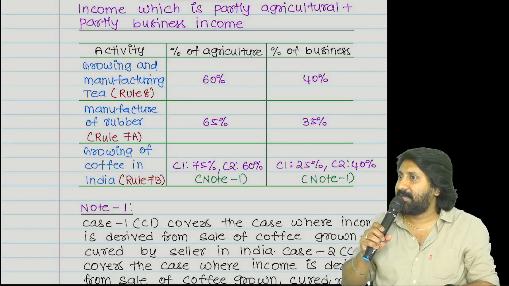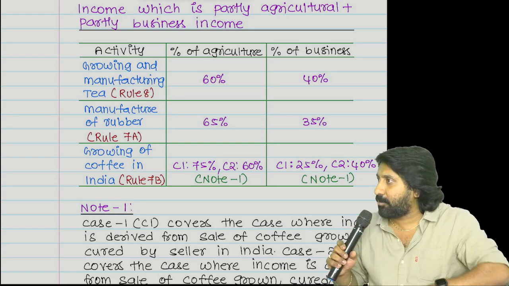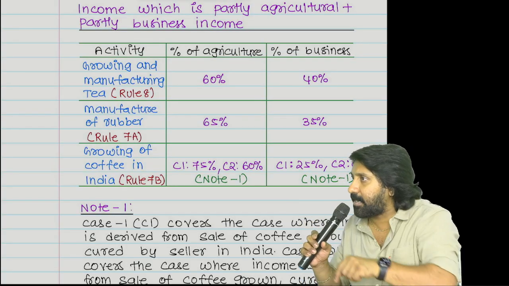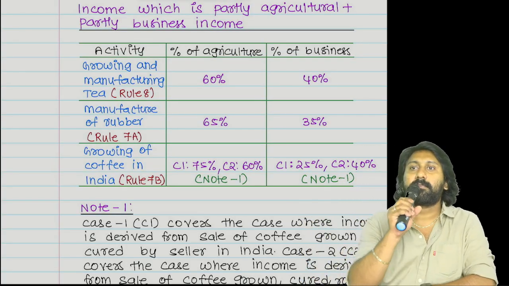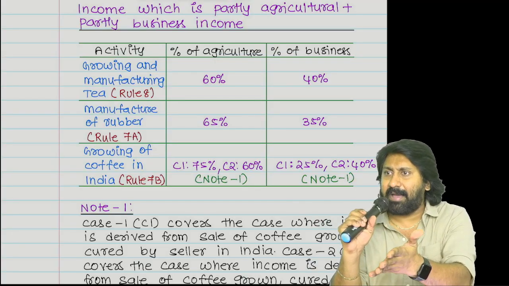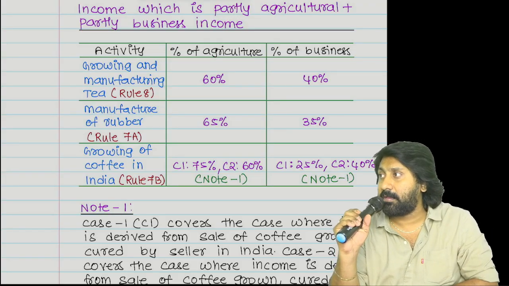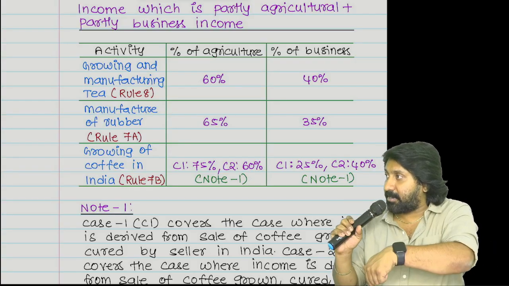Tomato doesn't require advertisement. 100% agricultural. Potatoes don't require advertisement. 100% agriculture. Flowers don't require advertisement, marketing, etc. 100% agriculture. Tell me about coffee. Brew requires advertisement.